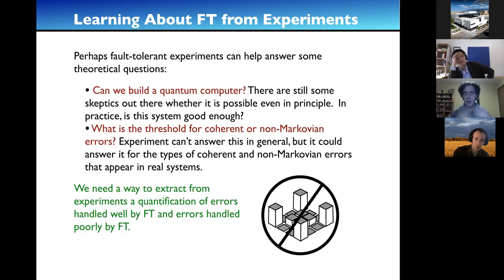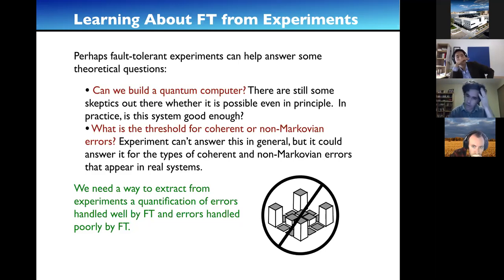And while I can't answer the general question, do coherent or non-Markovian errors ever hurt, they can say, well, in this particular experiment, the coherent and non-Markovian errors don't appear to be causing a big problem. The error rate is in line with what we expected in terms of the threshold. So that's an interesting theoretical question that could be answered by experiment.